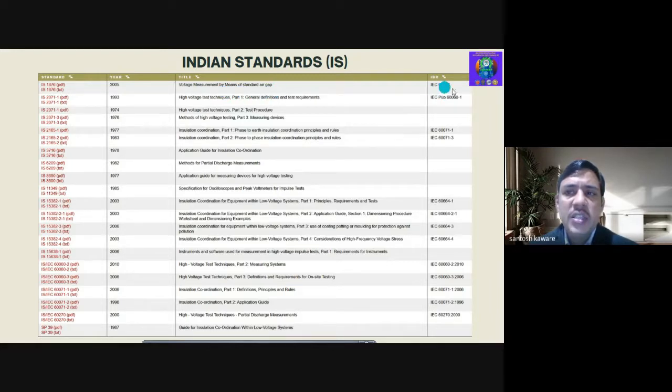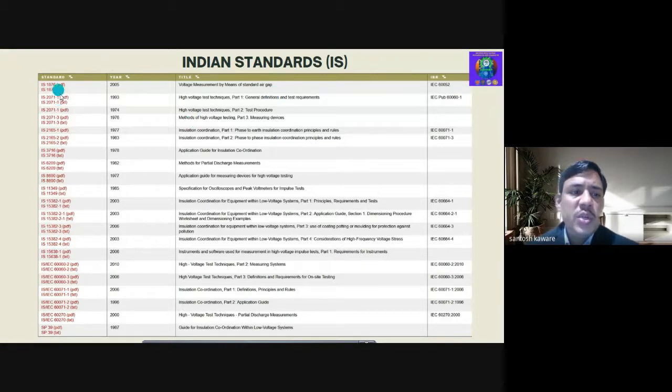Actually it is IEC 60052, but as per our requirement we standardized it as IS 1876. In IS 1876 you will have clear direction about voltage measurement by means of standard air gap.